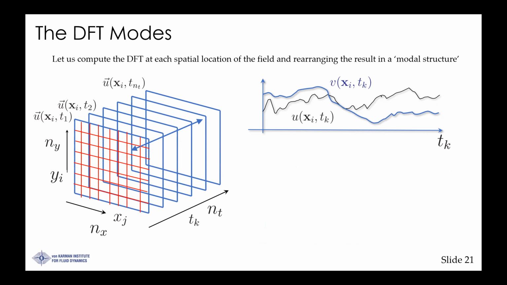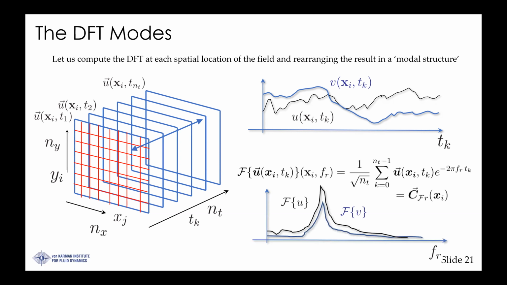But you can also take the FFT of this and the FFT of this. Now you pick one frequency. How many numbers do you have? You also have two numbers. So for every time step here, you have a velocity field, and for every frequency here, you have a velocity field.